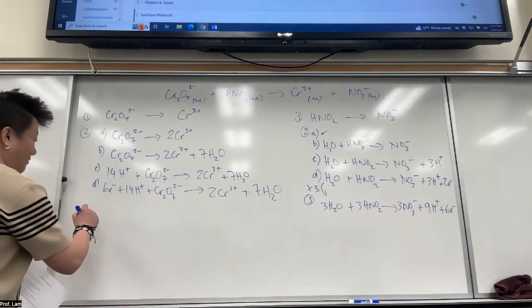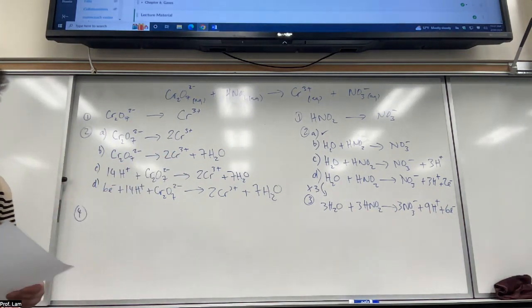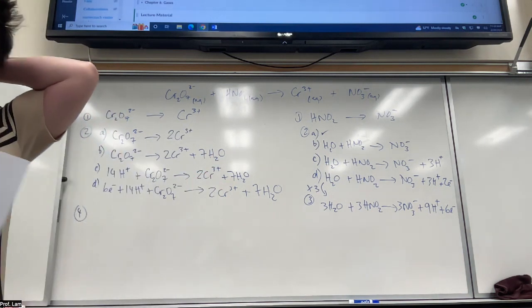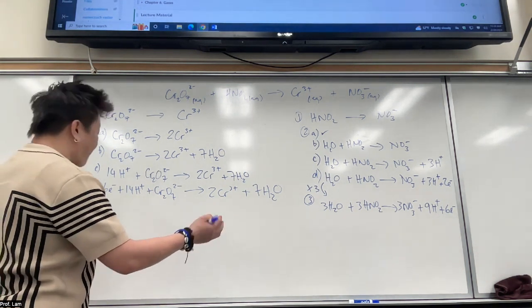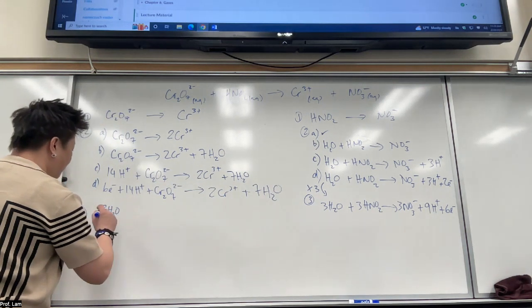And then step 4, you're going to combine now, right? Because you split it up before. This is where you can combine. So it says add half reactions together, canceling molecules that appear on both sides. Electrons should always cancel. So to make it easy, I just rewrite what I had.